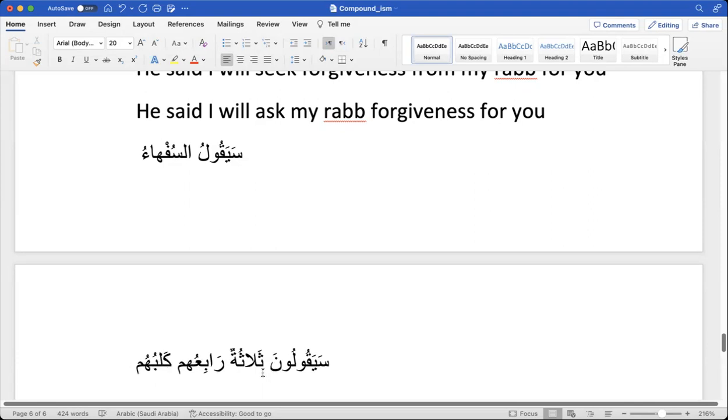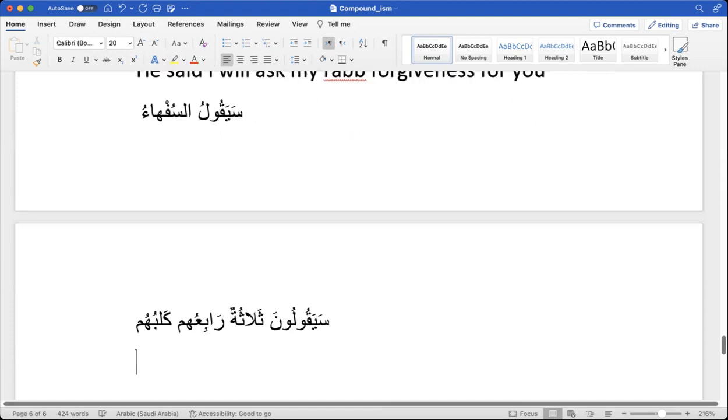They will say three, and the fourth is their dog. Rabi'uhum kalbuhum, the fourth of them is their dog. There was an argument about how many Ashab al-Kahf there were. They used to say three, the fourth being their dog, and they say five, and seven, the eighth being their dog: سيقولون ثلاثة رابعهم كلبهم ويقولون خمسة سادسهم كلبهم رجما بالغيب ويقولون سبعة وثامنهم كلبهم.